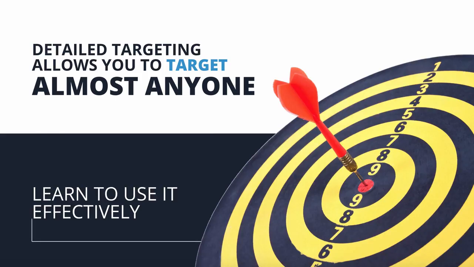So the detailed targeting allows you to target almost anyone. Learn to use it effectively, and it all boils down to testing. If you're getting really bad results with one targeting, test another targeting, and just test, test, test. Also, don't be so fixed on the targeting.